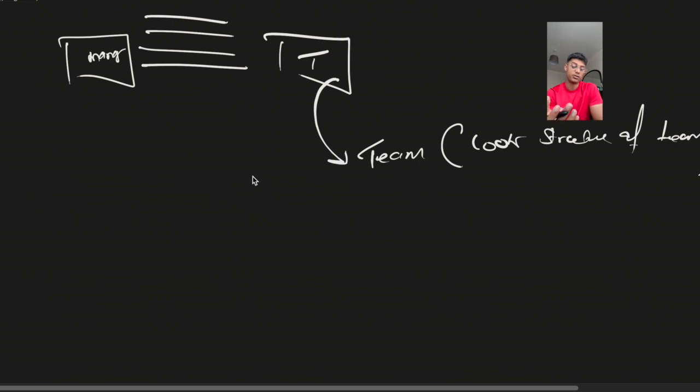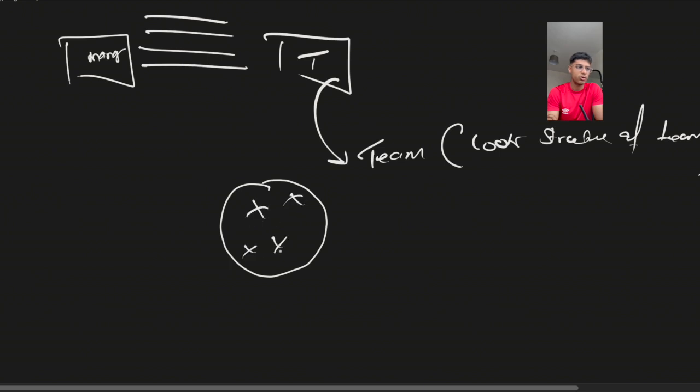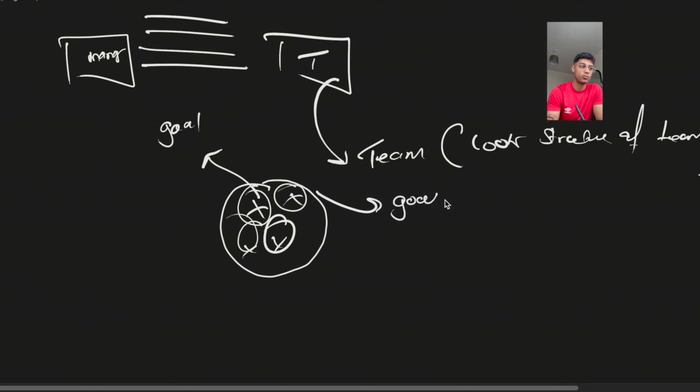According to the specific industry or business you're in, the team could be structured in a way where a team is divided into sub-teams, where a particular sub-team can focus on goal 1, goal 2, goal 3, and so on. Or this could be done in a different fashion.